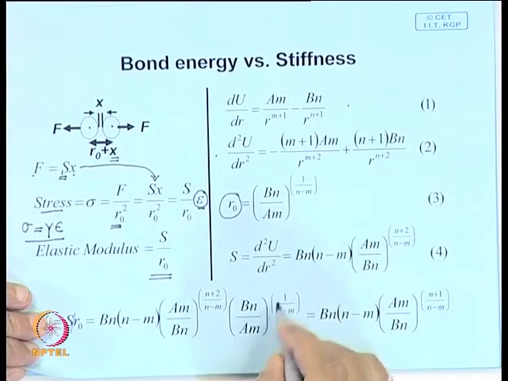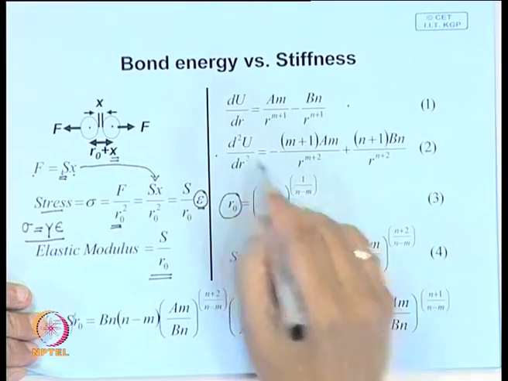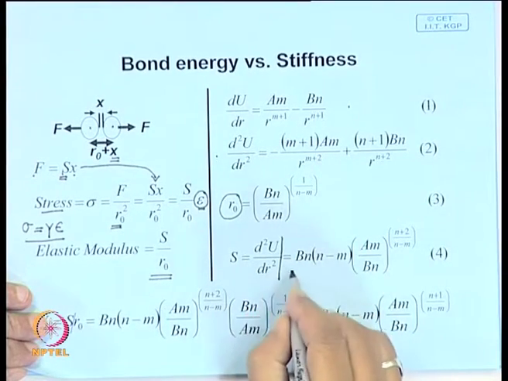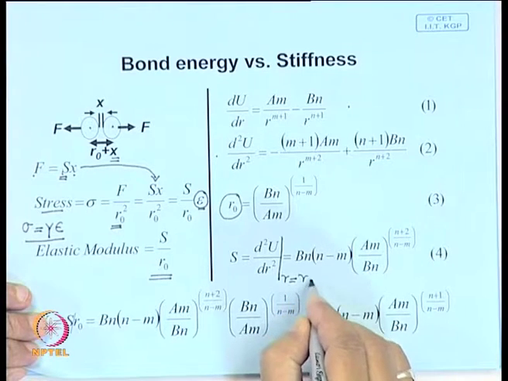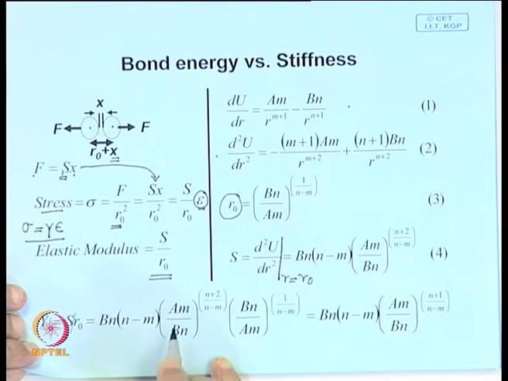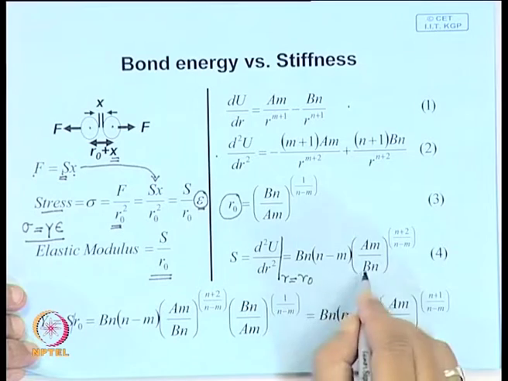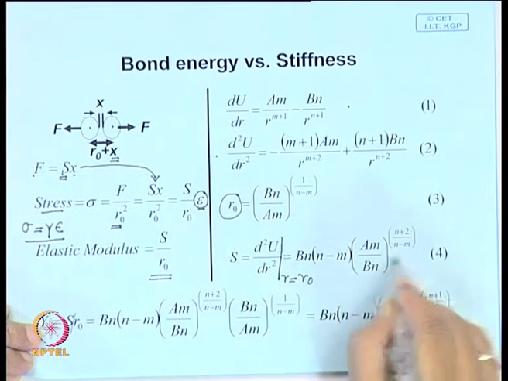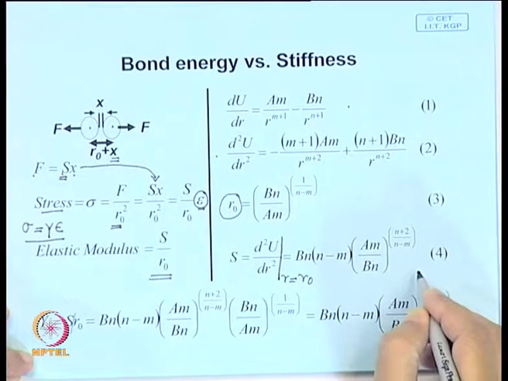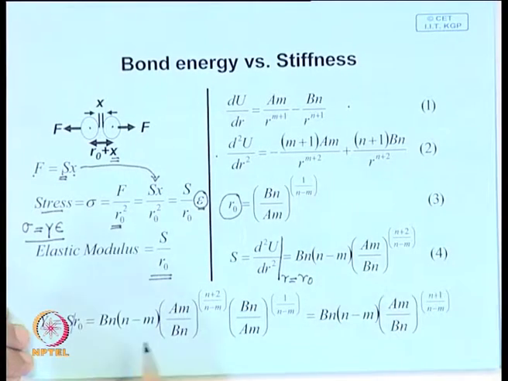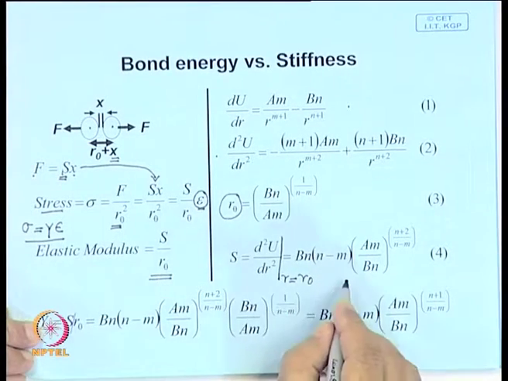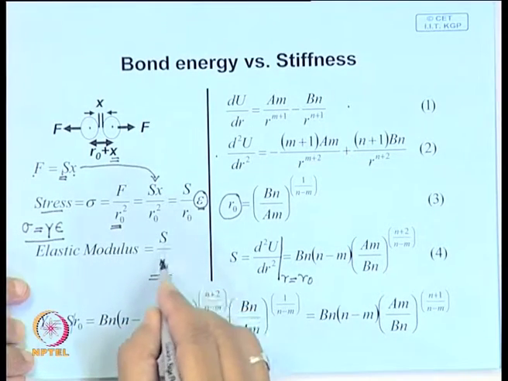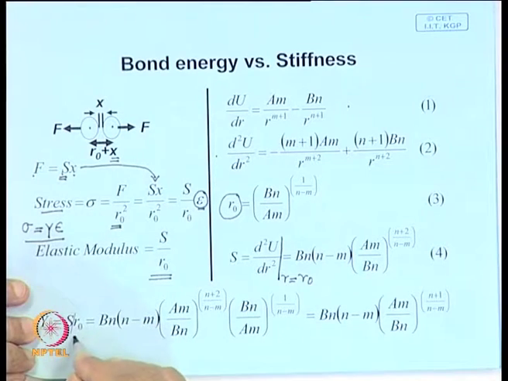In that case, what you get is d2u/dr2 at r equal to r naught, this is the value, and then you find Young's modulus, which will be S over r naught.